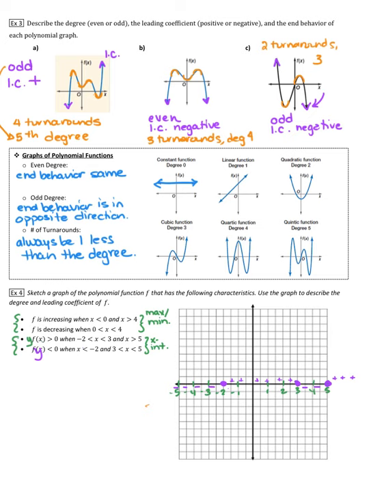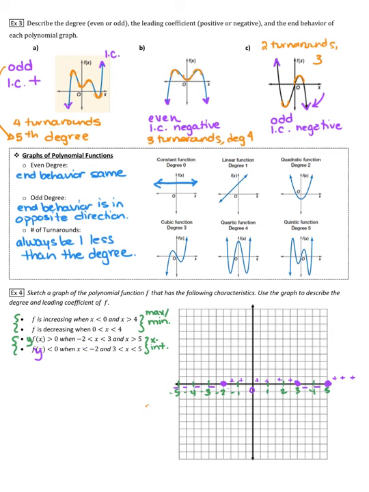So we go to this first set of information. It tells me that f is increasing when x is less than 0 and when x is greater than 4. So I'm increasing up to when x is 0. And then I'm going to be increasing after x equals 4.